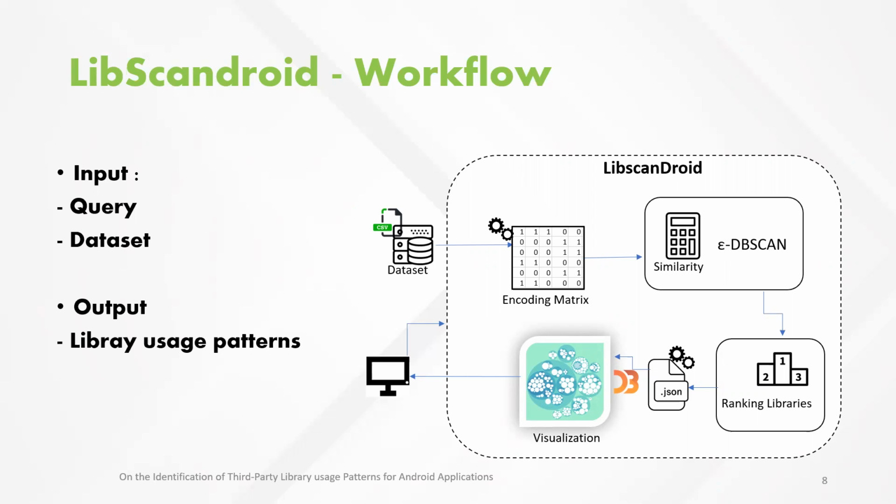As output, Scandoid returns a set of library usage patterns that can be relevant to the current app. The dataset contains a set of Android apps and the libraries that are used by these apps. This Android app represents the client application. Then the dependency information is encoded in the form of a usage vector.